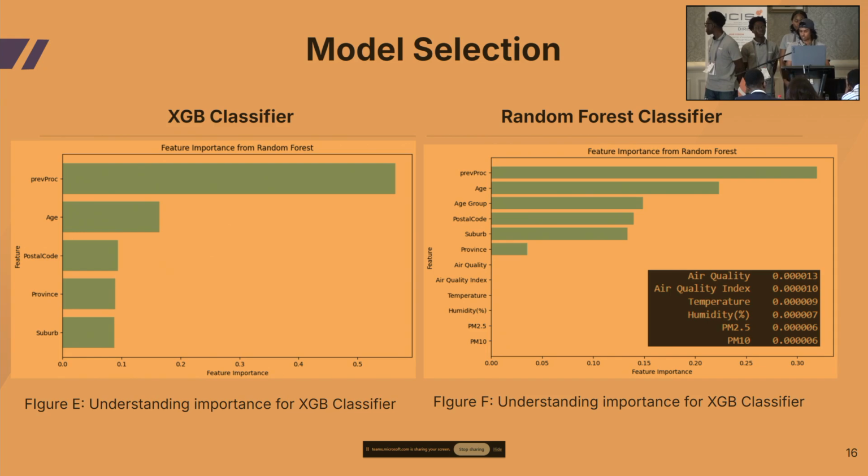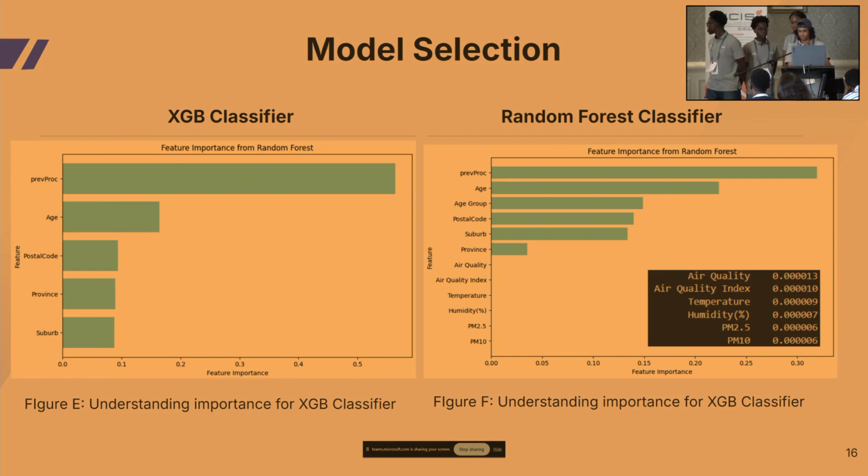As for the random forest classifier, you'll see that we have quite a few more features. However, the bottom few do not seem to show any indication. The little black values on the side illustrate that those values, for the air quality index, temperature, humidity percentage, PM 2.5 and PM 10, you do not exactly need to know what each one is, but just that these relate to air quality for each region of a patient.